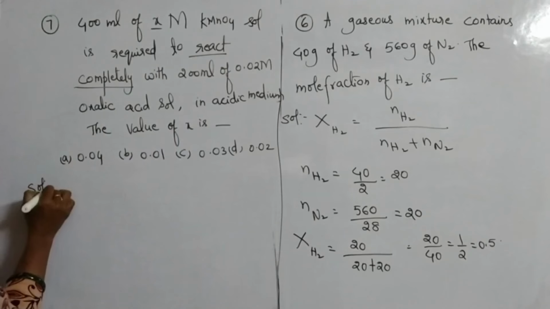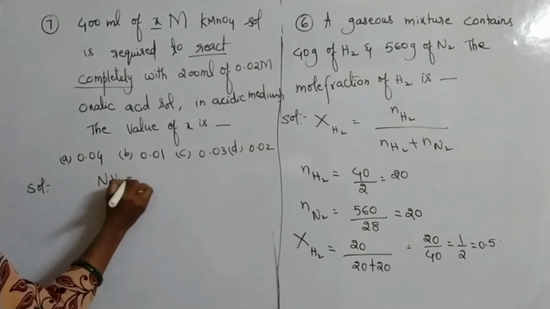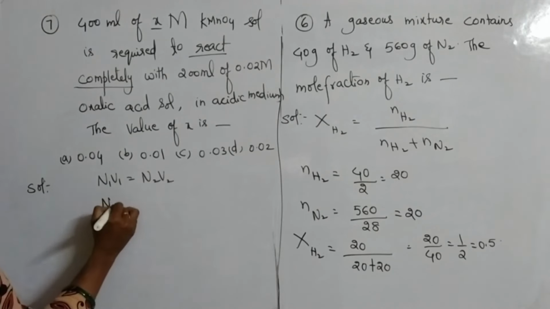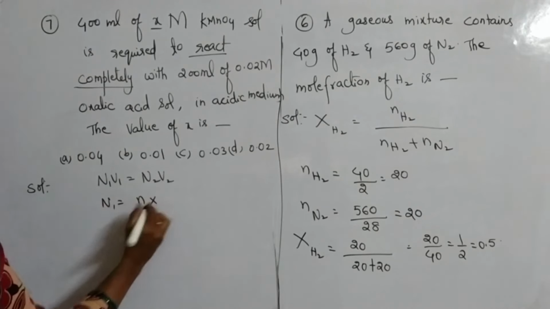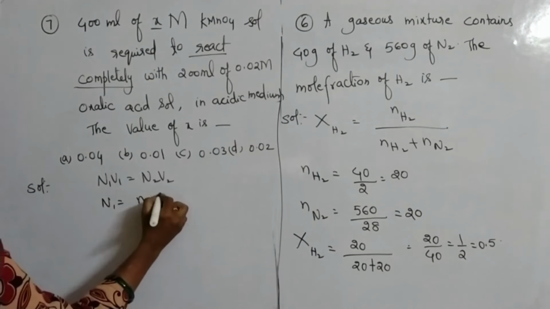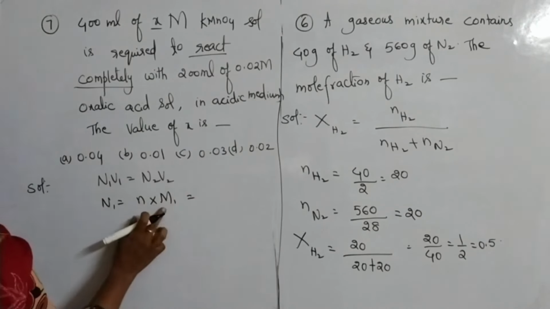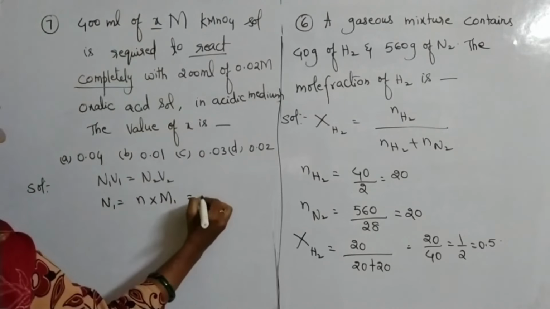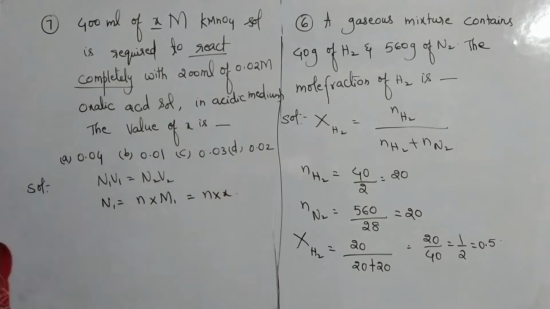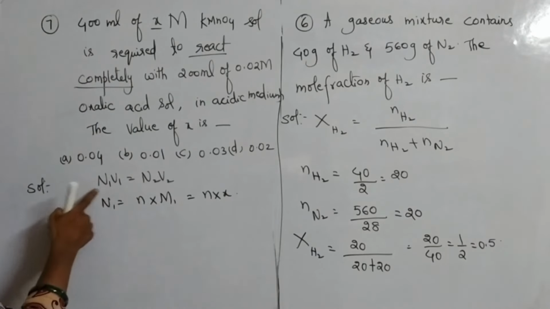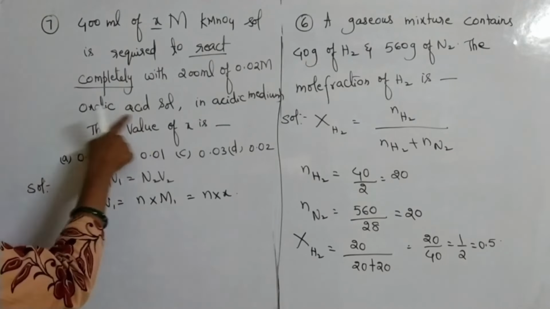So here react completely is given. What formula will you use here? N1V1 is equal to N2V2. Here N1 is small n, the n factor, into M1, and M1 we don't know, it is given as X. So n into X. Ones are for KMnO4, twos are for oxalic acid.